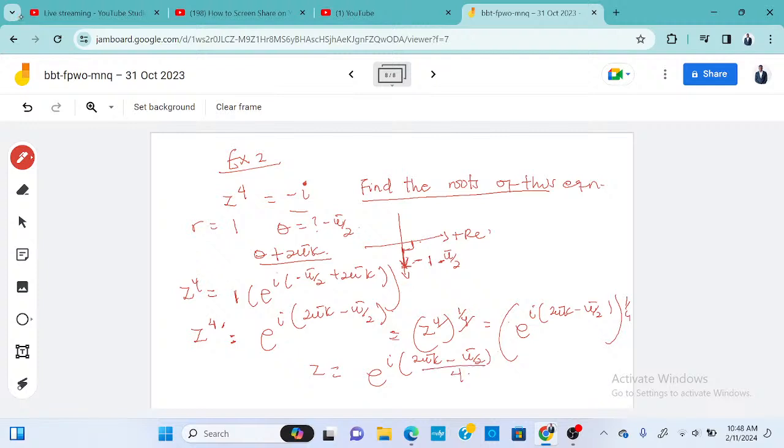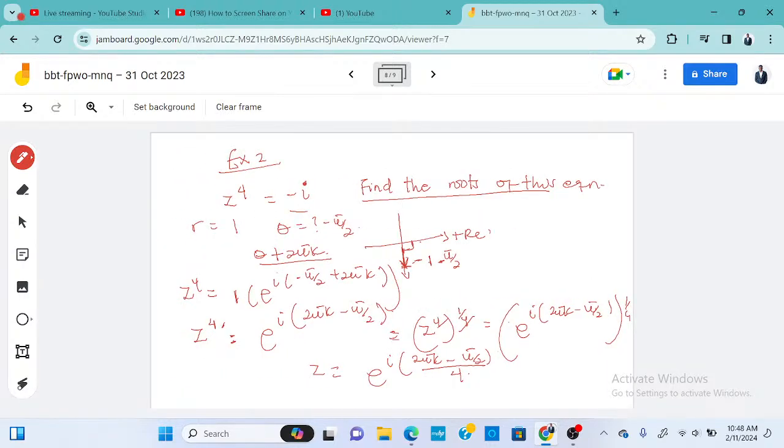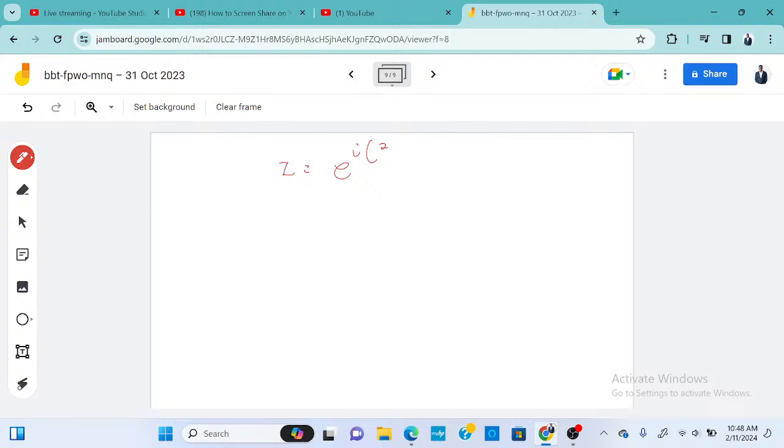Let's see how our simplification becomes. So z is equal to e to the power i multiplying 2 pi k minus pi on 2, everything multiplying 1 out of 4. So let's simplify this here.